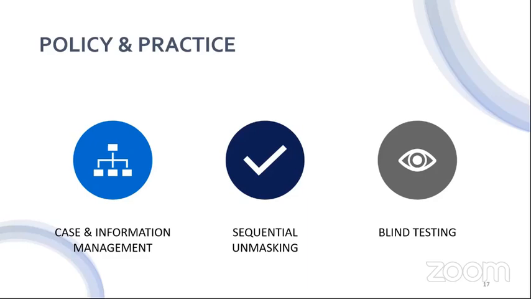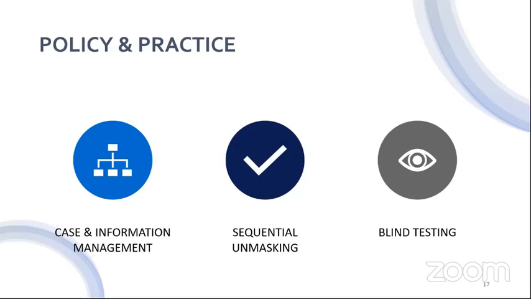And so they recommend that we have these measures in place that really minimize and limit access to information and extraneous, irrelevant case information that could unduly influence the analysts. Recommended sequential unmasking. So that, again, that's just another version of controlling and accessing information. And then the utilization of blind testing.